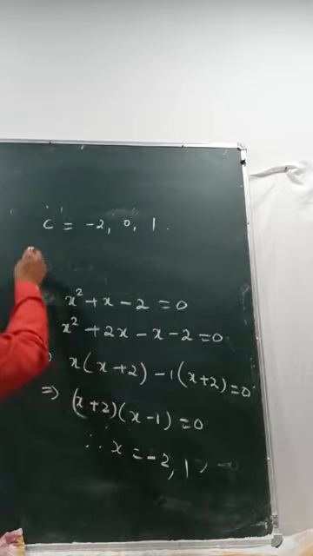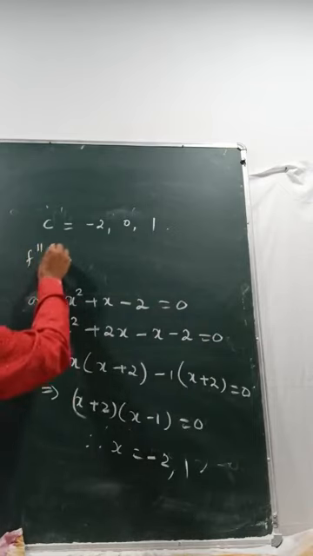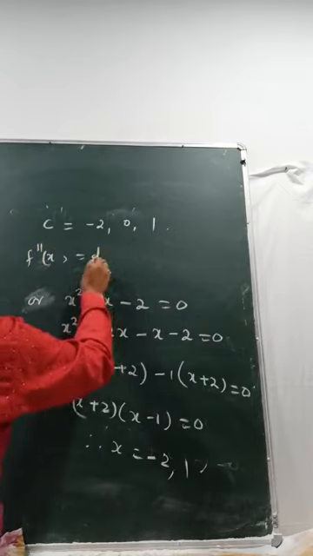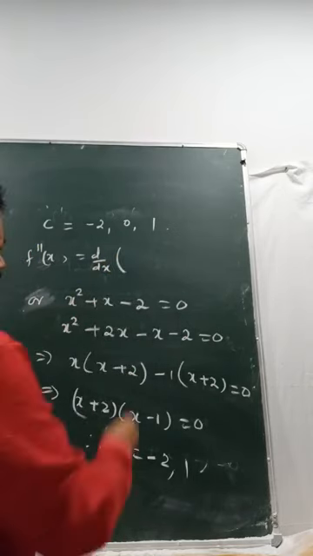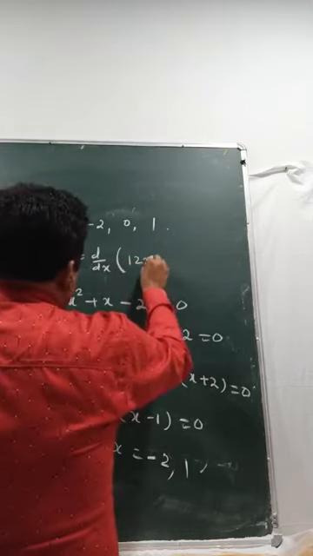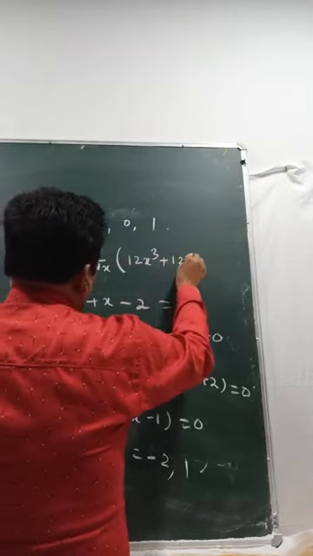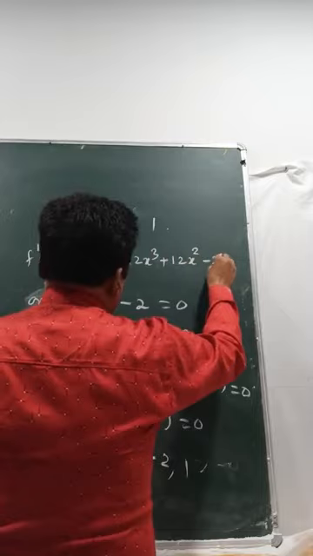Now f double dash x means the derivative of your first derivative. Your first derivative was 12x cube plus 12x square minus 24x.